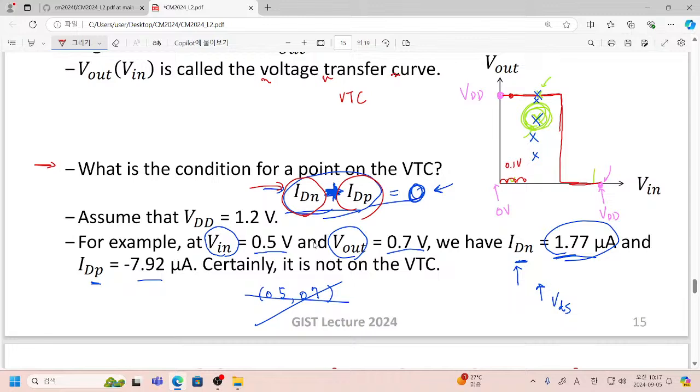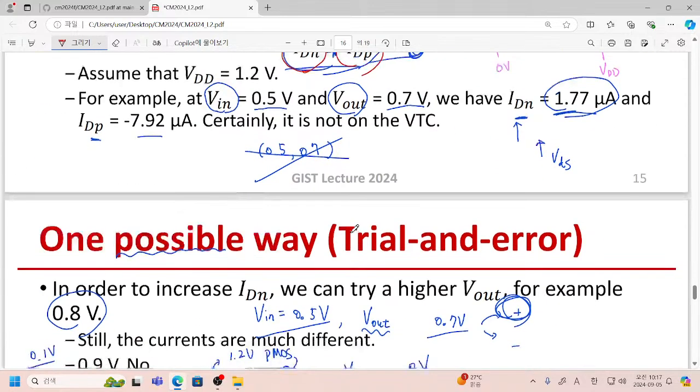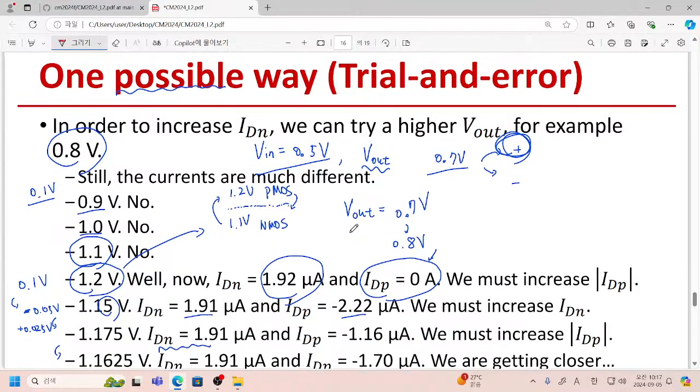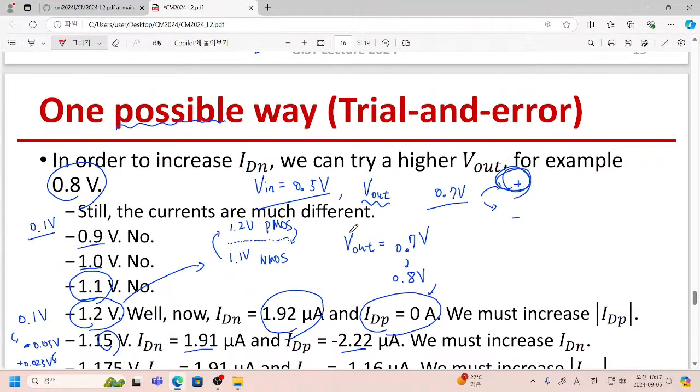So without relying on a general methodology, today I just asked you to follow this heuristic trial and error approach. Just pick a point, and if it does not give you a sufficiently good answer, then please try to improve your solution.